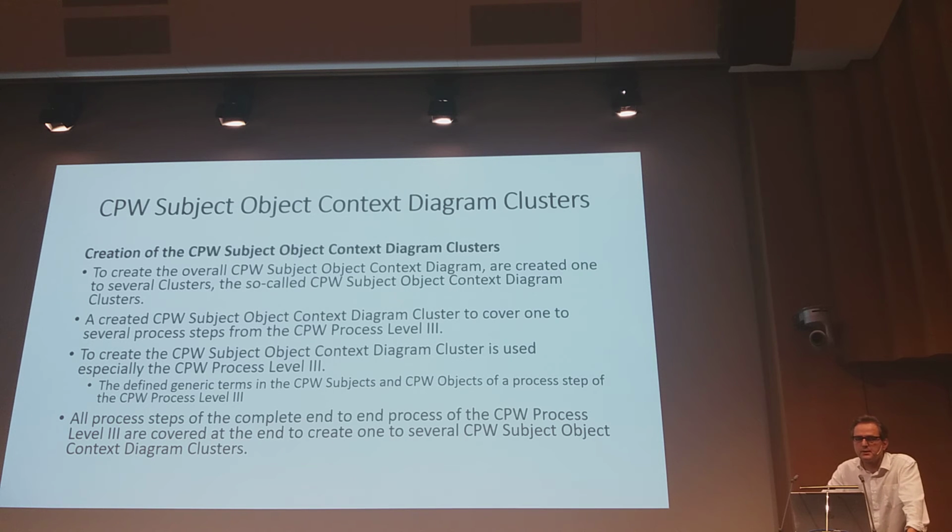To create the cluster, we especially use the CPW process level 3 and the defined generic terms in the CPW subject and CPW objects of a process step of the CPW process level 3. All process steps of the complete end-to-end process of the CPW process level 3 are covered at the end by one to several CPW subject-object context diagram clusters.